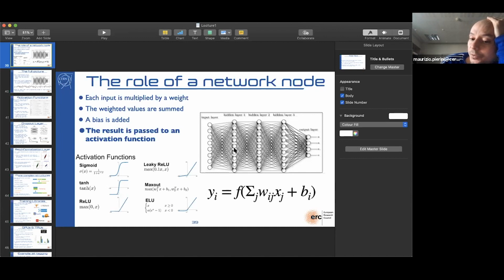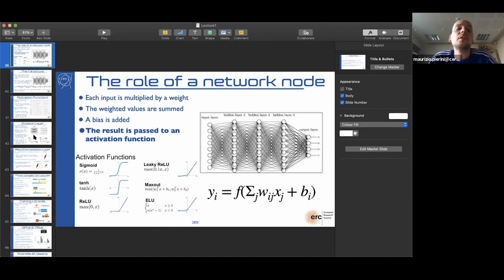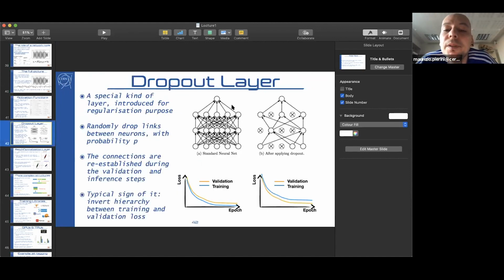Now, if you add dropout, what you're doing is that you are switching some of them off, putting them to 0. And so they will not contribute to this sum. And so it's as if they were not there to start with. But dropout is a stochastic process. So what happens is that you allocate the full architecture. So you say, I want 10 nodes, fine.